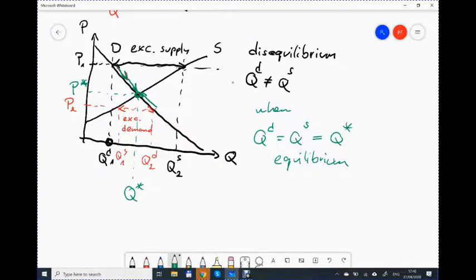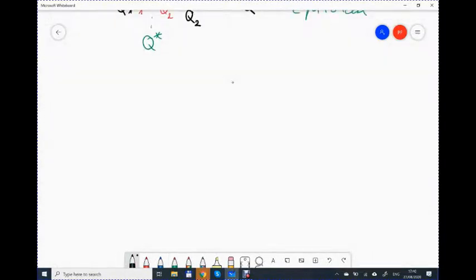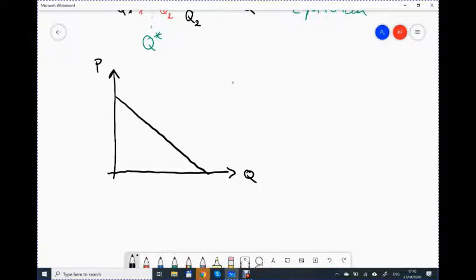Using this simple model, we can model any situations which would affect the market. Let's see some examples. Imagine that we have here a market for grain. Initially, we can characterize this market by an inverse demand and a certain inverse supply function, and initially we can assume that we are in equilibrium in the market at P1 star and Q1 star.